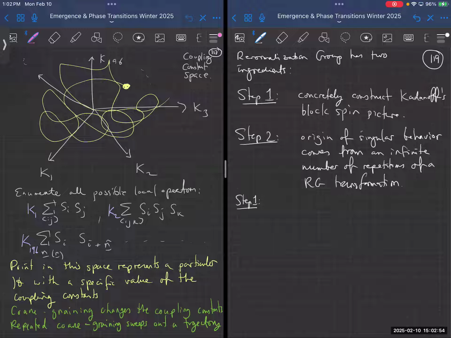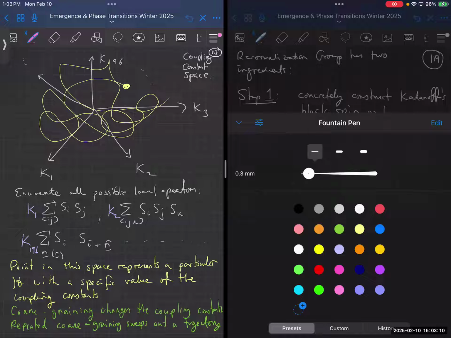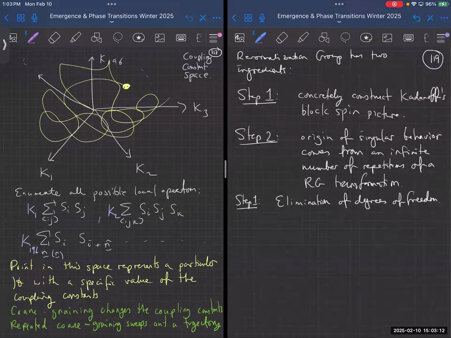In step one, we sometimes talk about this as elimination of degrees of freedom. Do you remember last lecture, we talked about the Fourier components of the coarse-grained magnetization.